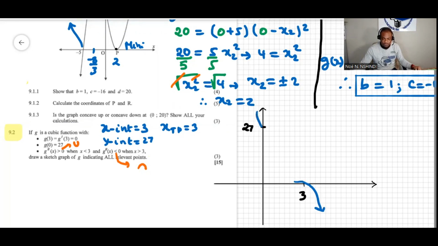So the graph goes down like, oops, the graph goes like, trying to connect 27 with this graph. Yes, that's the cubic function. Yeah, that's g of x. Thank you.